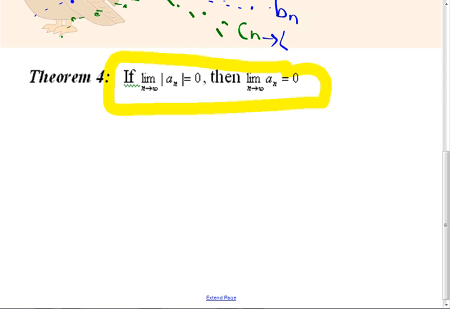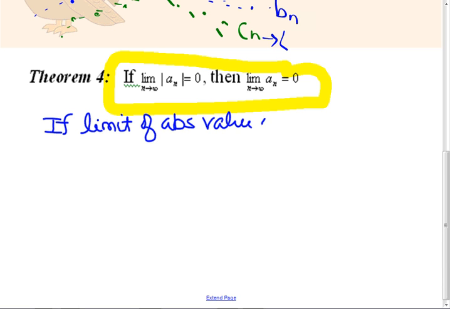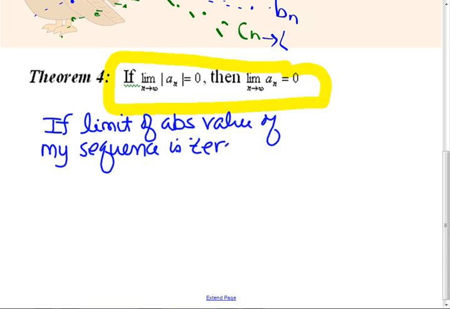If the limit of the absolute value of my sequence is 0, then the limit of the sequence, which in this case could have some negative terms, is also 0.